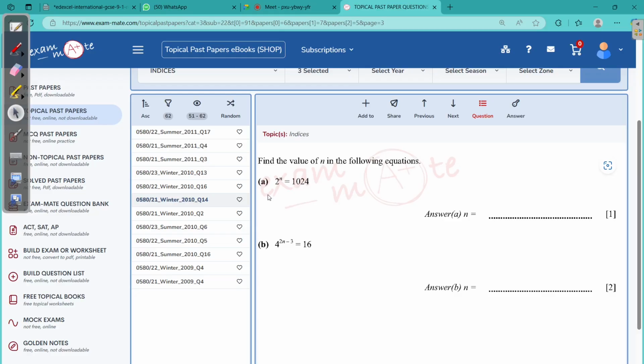We have already discussed how to solve exponential equations. So how do you do this fast? I forgot how to do this fast. You should remember some fundamental values in terms of two's power. It is a very important number.